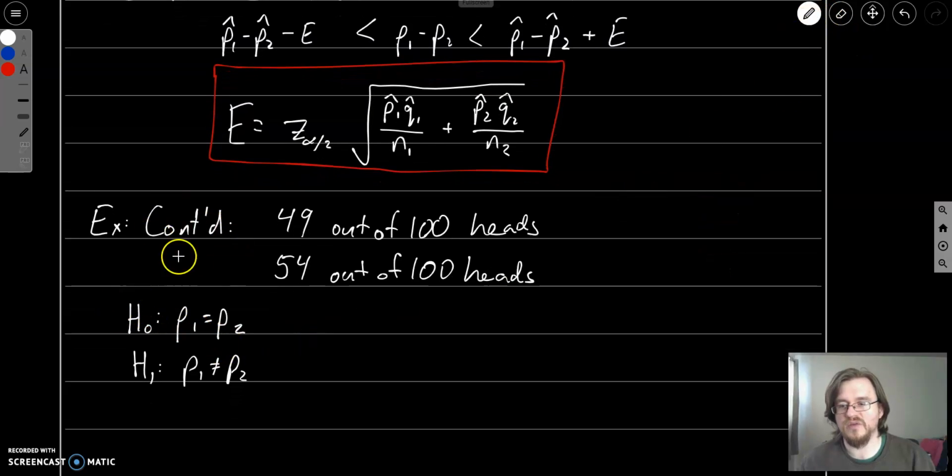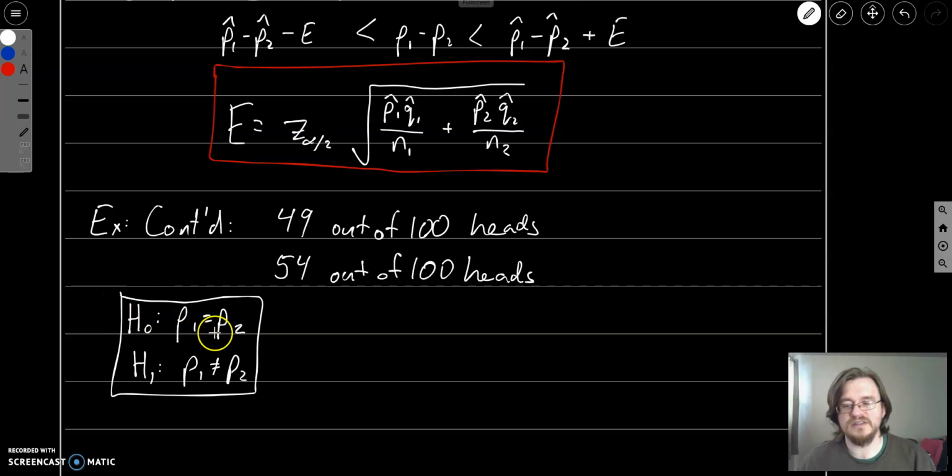So let's apply all of this information. Here we're just going to have the same example. The first quarter we had 49 heads out of 100 flips. Second quarter we had 54 heads out of 100 flips. Our null and alternative hypotheses are still the same. We're still testing whether or not the proportions are equal or not equal. So all of this information we can again write down. For instance, P1 hat is the proportion of heads for the first quarter, which was 49%.